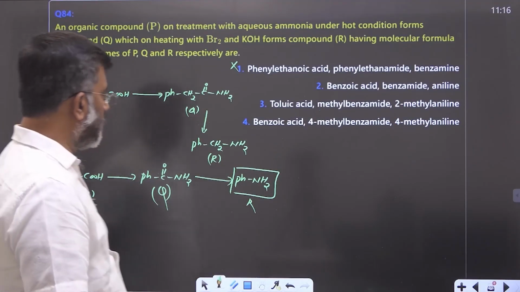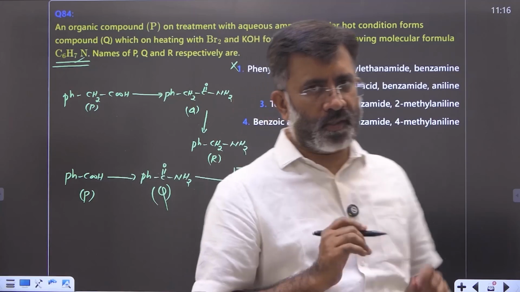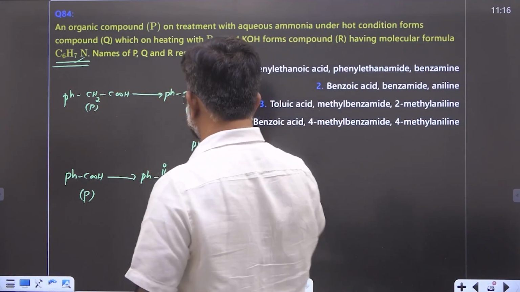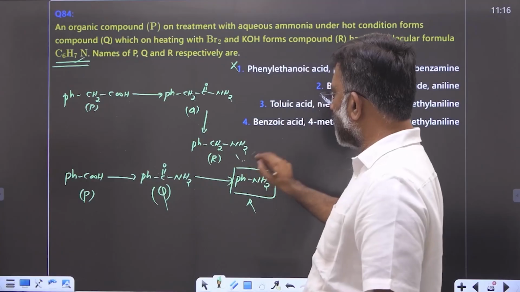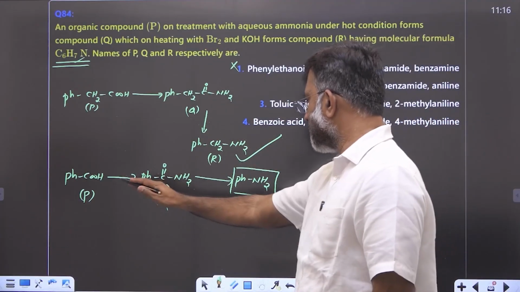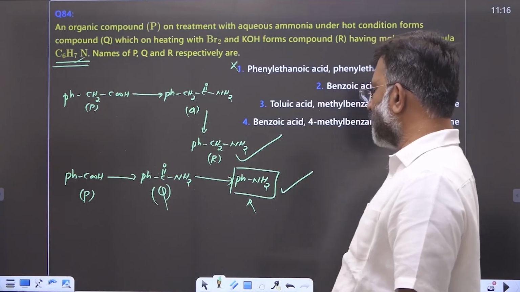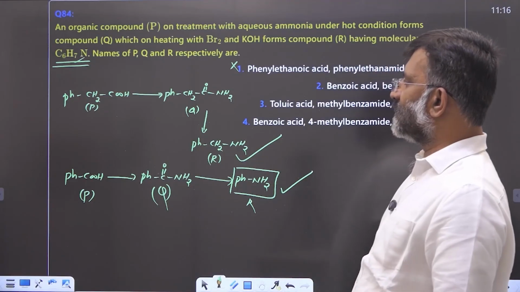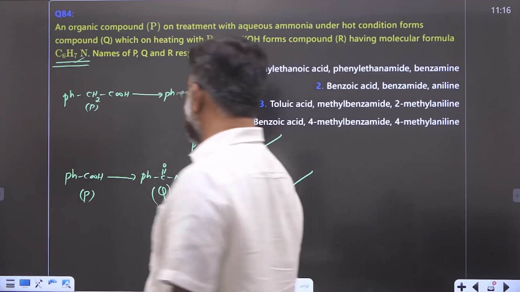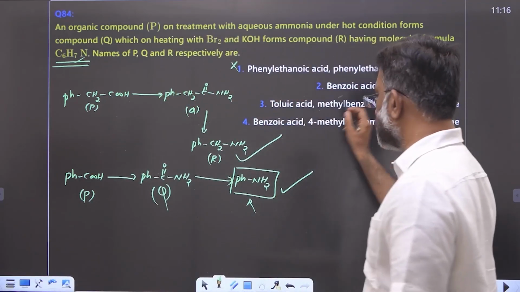Option 2 is the correct answer. If you take option 1, the reactions are perfect, but the final product R doesn't match with the formula. While the second option is matching with the formula, you get aniline. C6H7N means aniline.